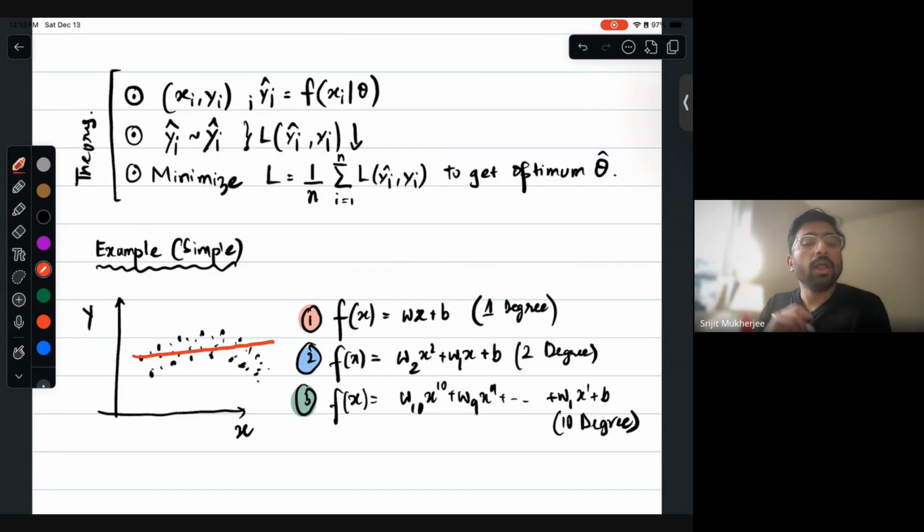If you plot, let's say this is the best line. If you optimize theta, you will get, after optimization, the best line. Right here W and B are theta, right? If you take the blue, you will get something like this.